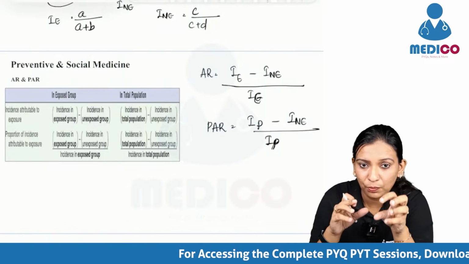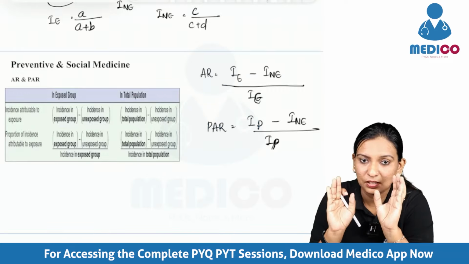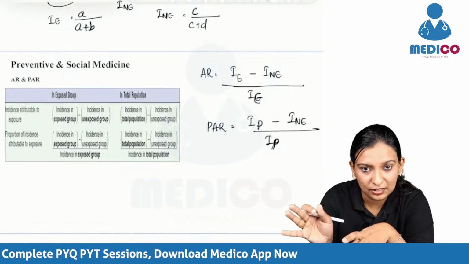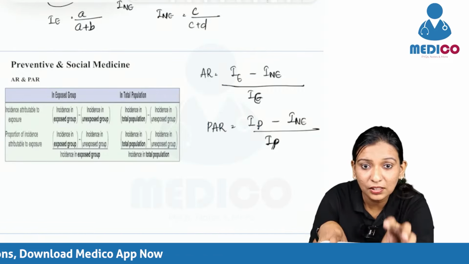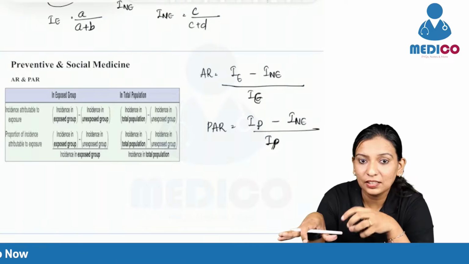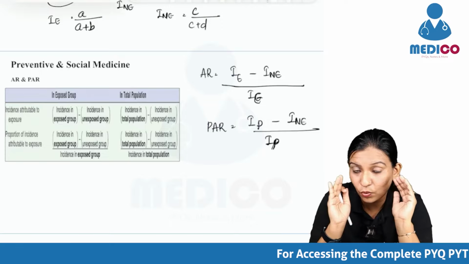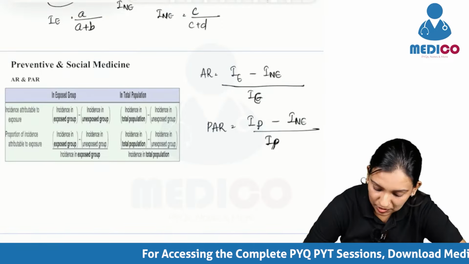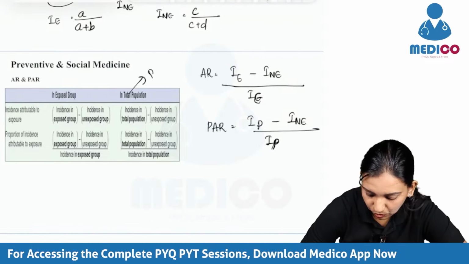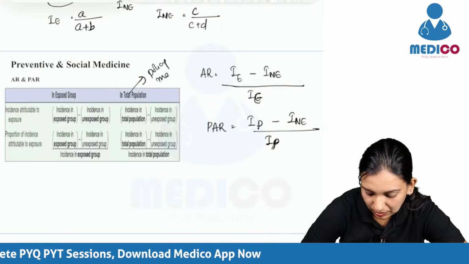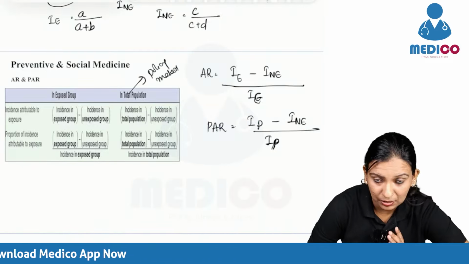So if I get a population attributable risk of 70% in smoking causing lung cancer, that means if I remove the smoking factor, then I can prevent almost 70% of the incidence of lung cancer in this whole population. Okay, so population attributable risk is more important for your policy makers rather than your relative risk or attributable risk.